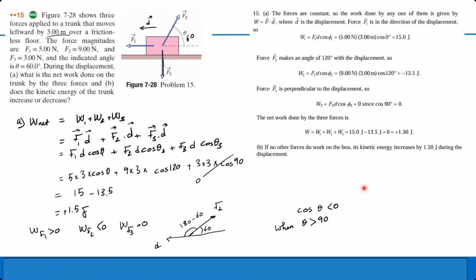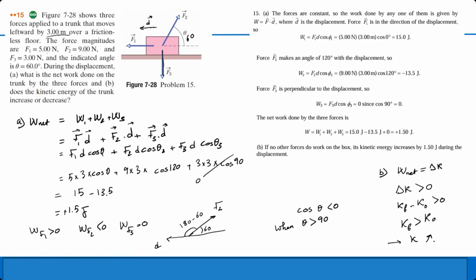In part B, we're asked, does the kinetic energy of the trunk increase or decrease? So here I'm gonna make use of the work energy theorem, W net equals delta K. So I found that W net is positive, so delta K is positive, which means that K final minus K initial is positive, so K final is greater than K initial, so K increases.